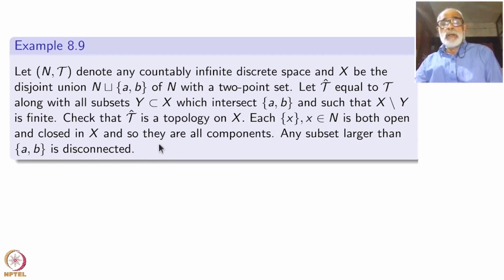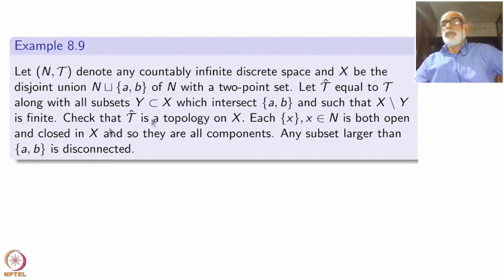However, this is not a T1 space at all. It's not even a T1 space. Why? Because take any neighborhood of A inside X, not {A, B}. {A, B} if you take as a subspace, that is discrete. But A and B as elements of tau hat, any neighborhood, the complement is finite. Any neighborhood of B, complement is finite. N is infinite. So U intersection V will be non-empty.